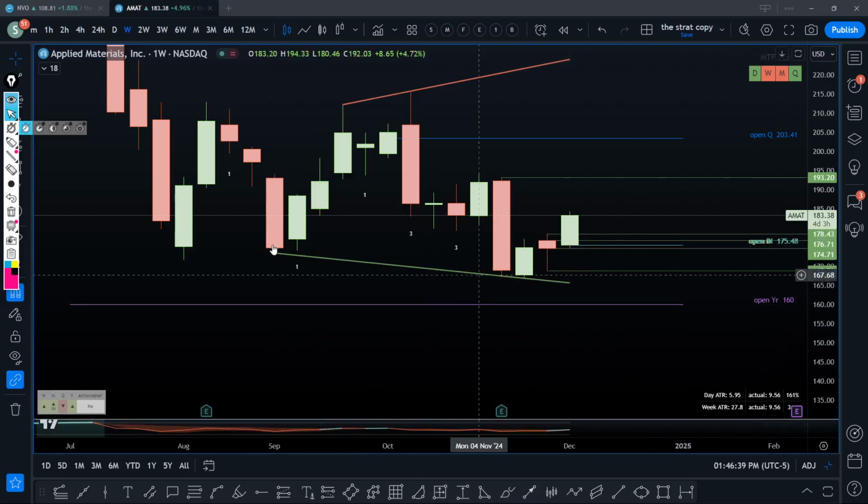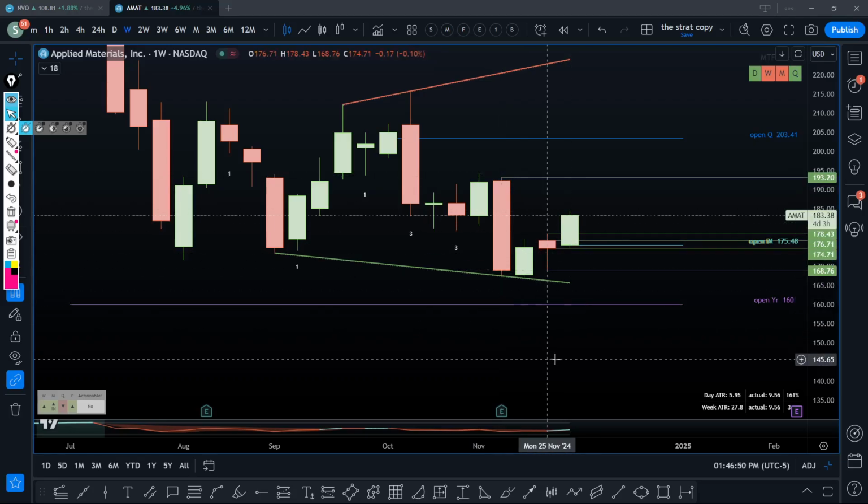But that was a nice move on AMAT, using what the candlestick's shape is telling you rather than the color exclusively.